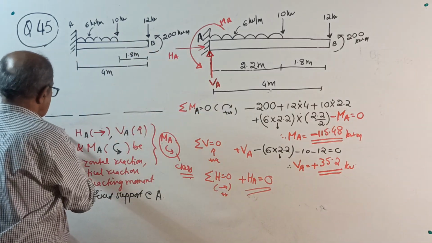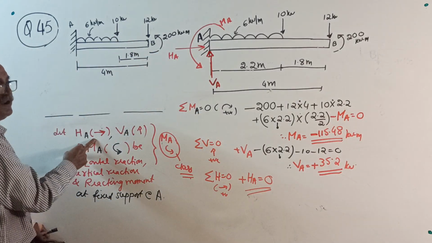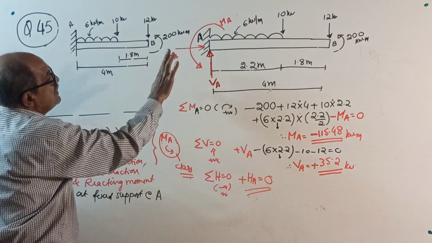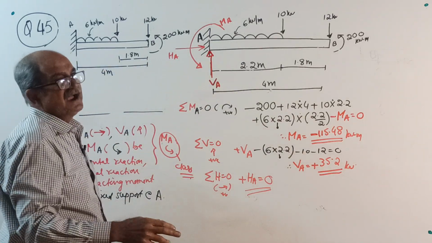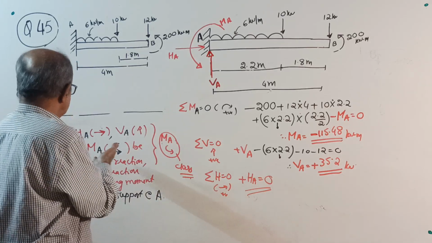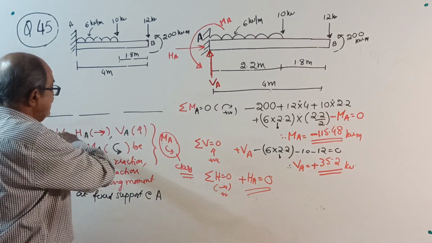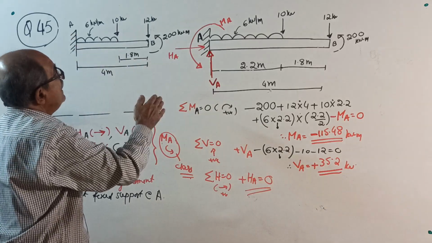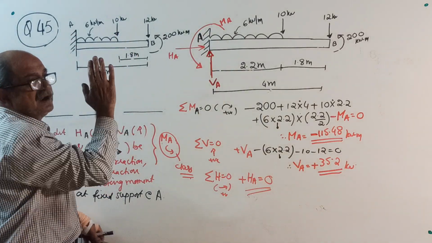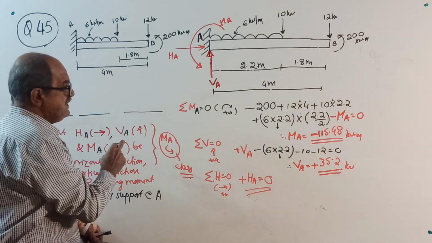Now, let HA, and next time I am not writing HA: when there is no horizontal load for a cantilever, the horizontal reaction is 0. Just because in the previous question I wrote it, I used it. HA right side, VA upward, since the load is downward, the reaction is upward. Now, MA anti-clockwise.